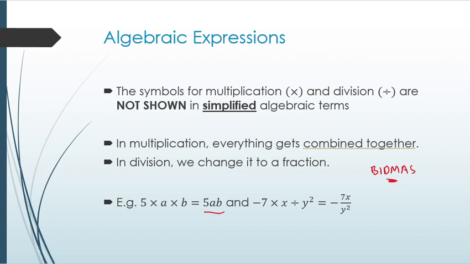Okay. So I have negative 7 times x. So that's negative 7x right here. And then I divide it by y squared. So I'm going to put that as a fraction instead. So this fraction line here means divide, and this 7x here means 7 times x. As you can see, I've satisfied all the conditions there, okay?